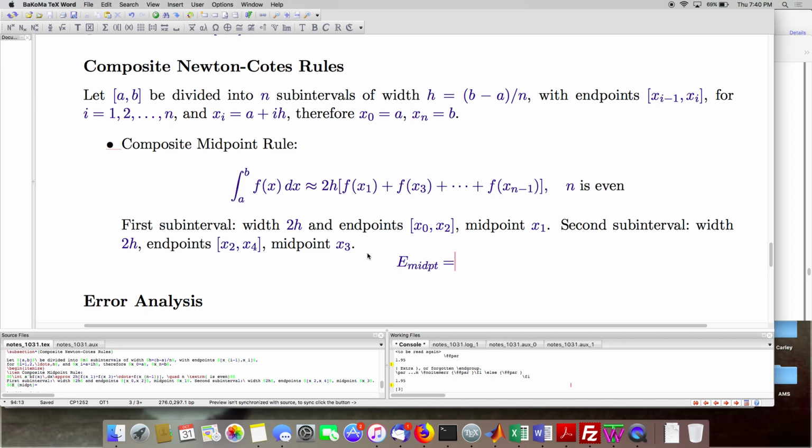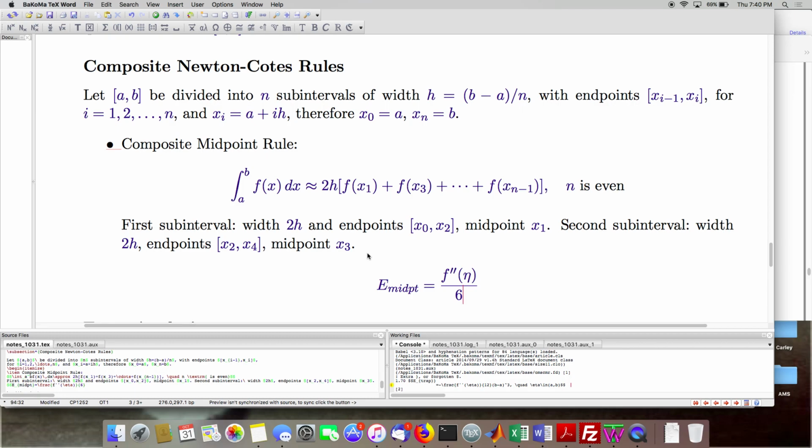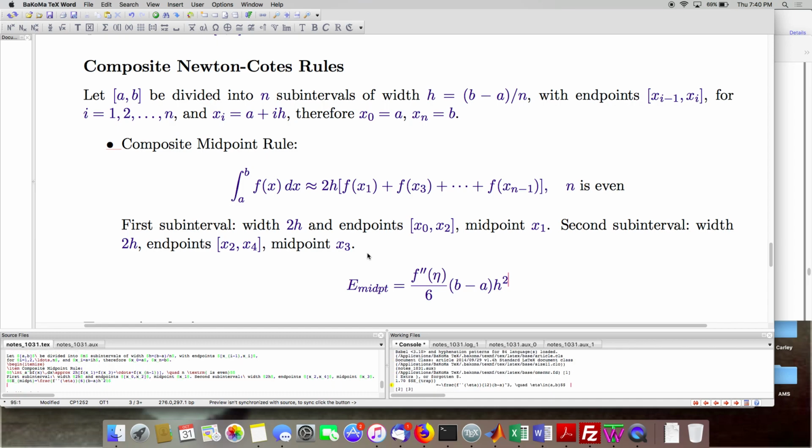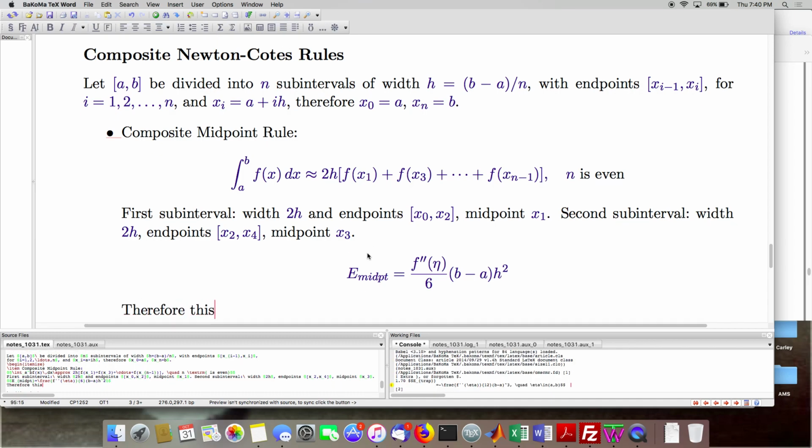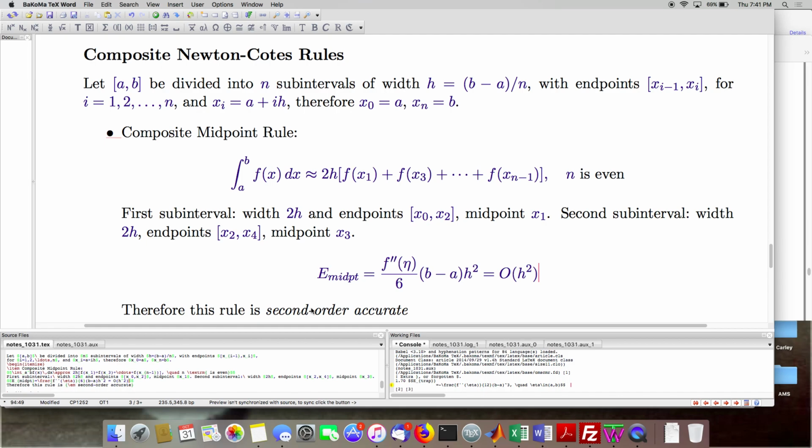So for the midpoint rule, it turns out to be f double prime at an unknown point over 6 times (b minus a) times h squared. Therefore, this rule is second order accurate. Because the error is big O of h squared.